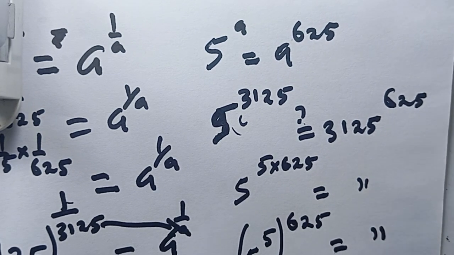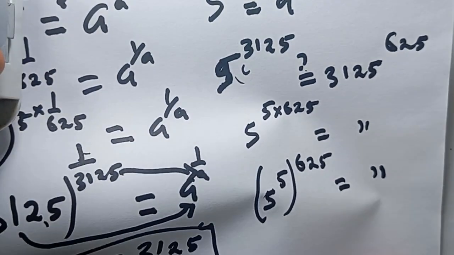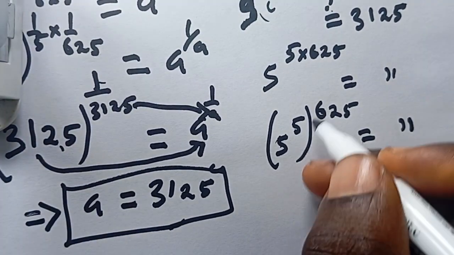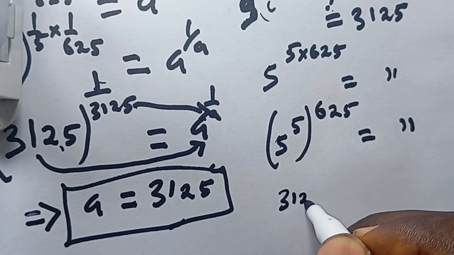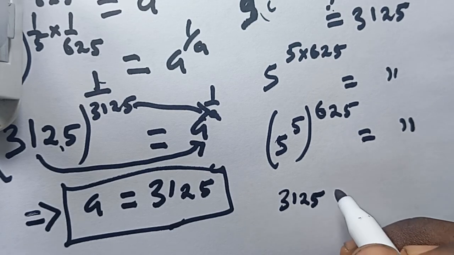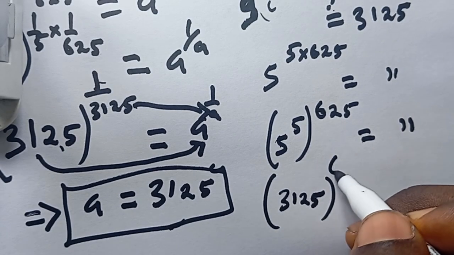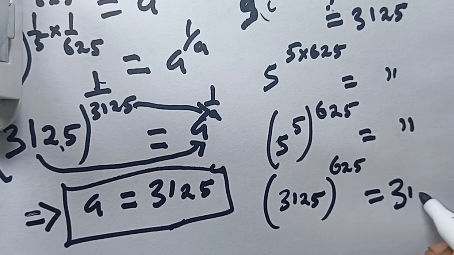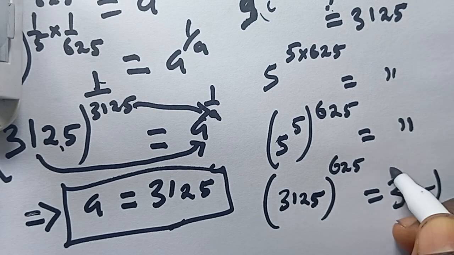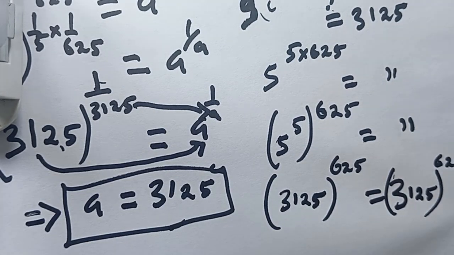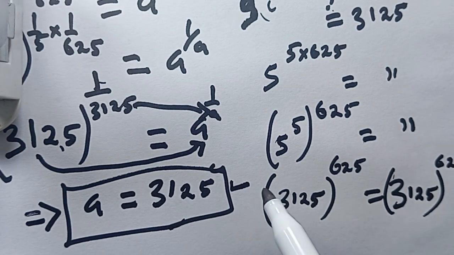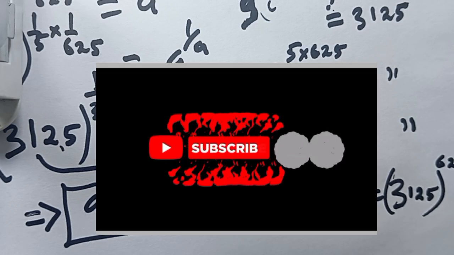The right hand side still remains the same, and 5 power 5 is the same as 3125, power 625, which is basically the same as what we have at the right hand side. So that shows that the value of a, which we've got as 3125, does satisfy the problem we just solved. So that is basically how you solve this.